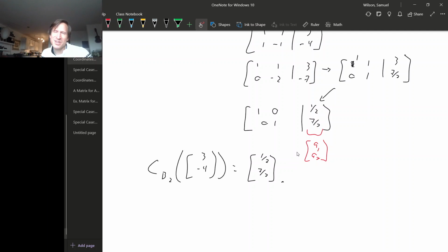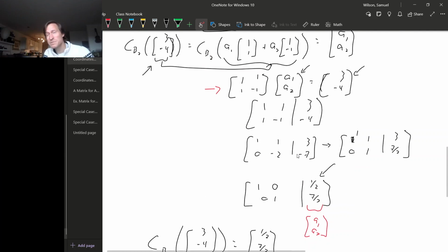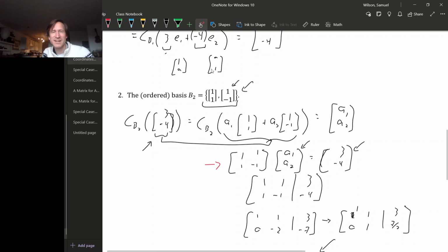This particular example was a very nice case because this basis is for all of R2, not for a subspace of R2.